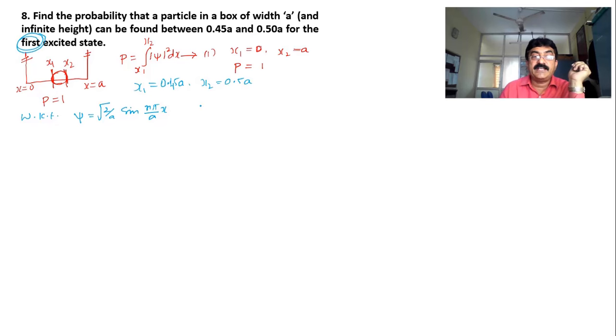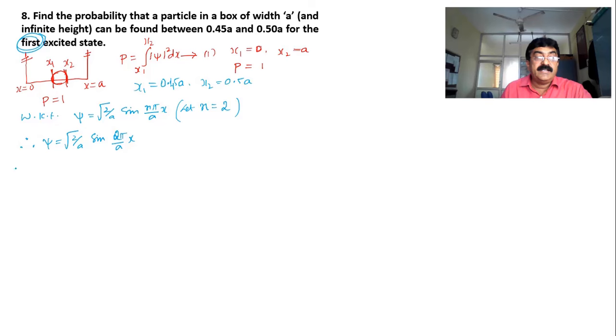So for first excited state, take n as 2. This is what I told you in the previous slide. Therefore, psi becomes root of 2 by a sine of 2 pi by a into x. In the place of n I substituted 2.